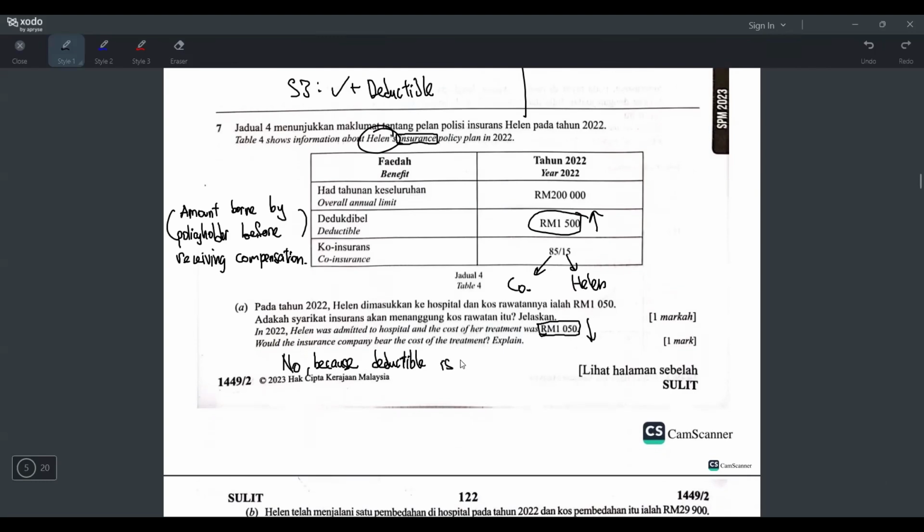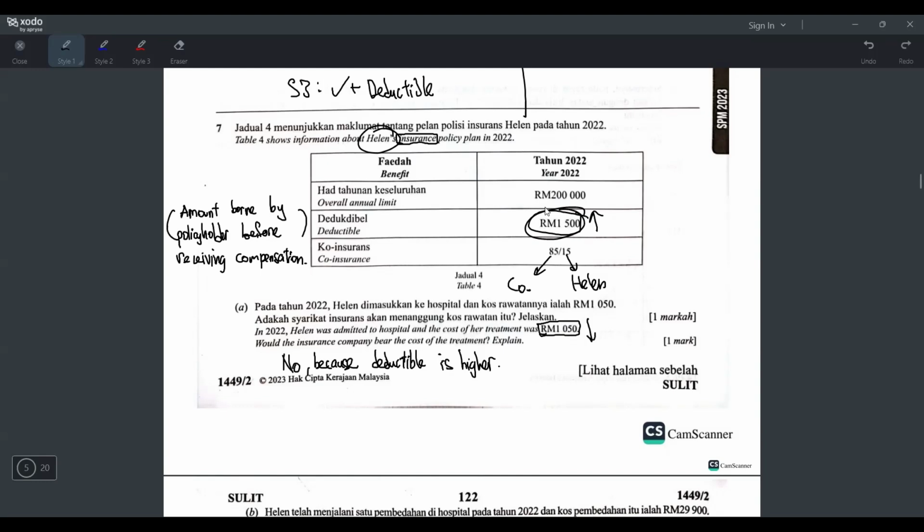Okay, so I'll explain a bit. I told you already, the deductible meaning is what? Amount borne by policyholder before receiving compensation. It means this is the amount that you have to pay first before you go and ask the company to help you. So if your loss is 1050 and you already promised them you will pay 1500, you can bear this amount yourself.